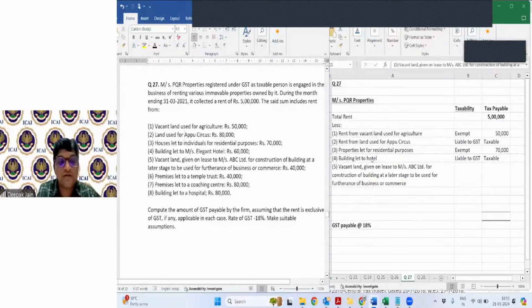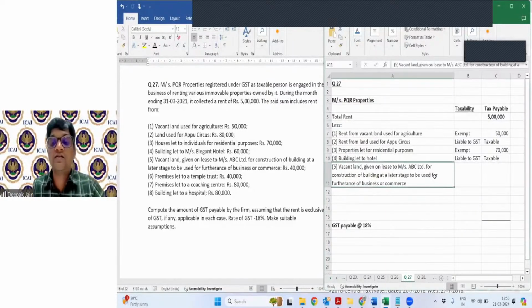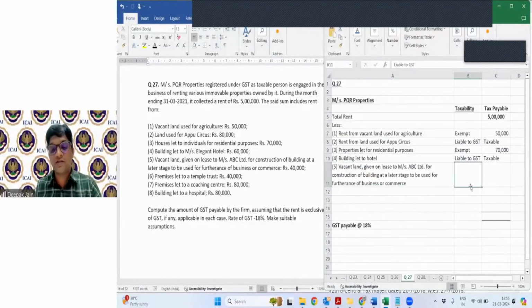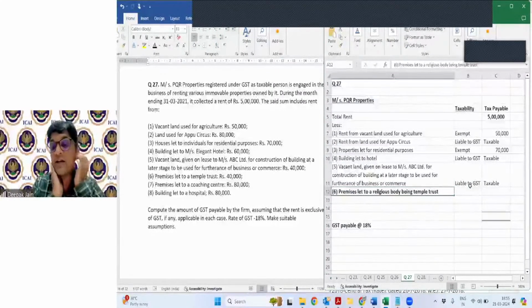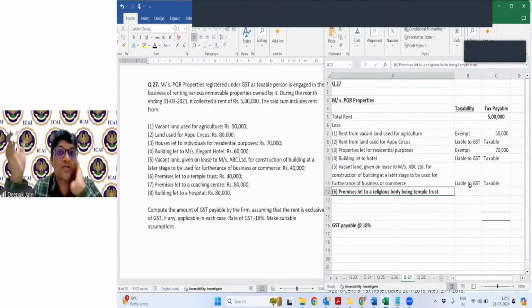Yeah, in case of the fifth one, vacant land given on lease to ABC Limited for construction of a building at a later stage to be used for furtherance of business, it is liable to GST.